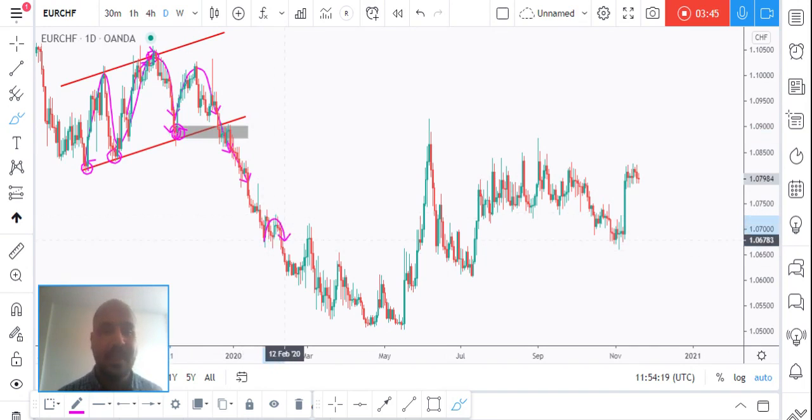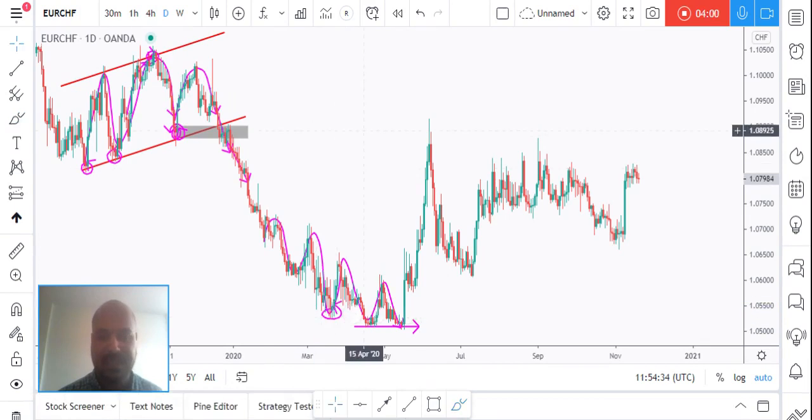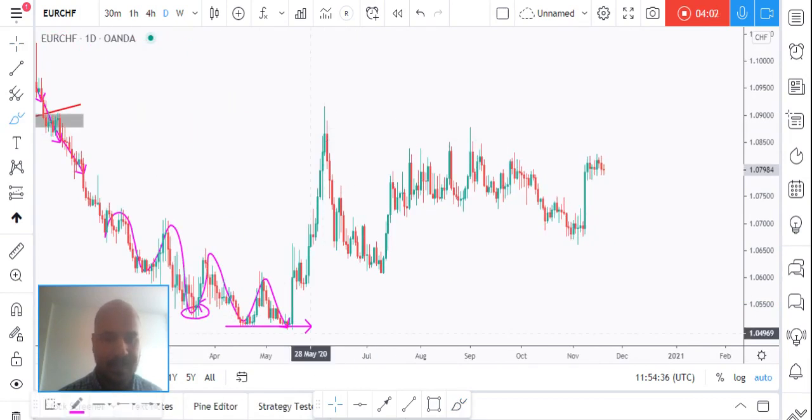until eventually the buyers take over again. As you can see, this one is making lower lows and lower highs. And here we go. The market couldn't push any lower, couldn't make a lower low like it was doing before. It failed to make a lower low.